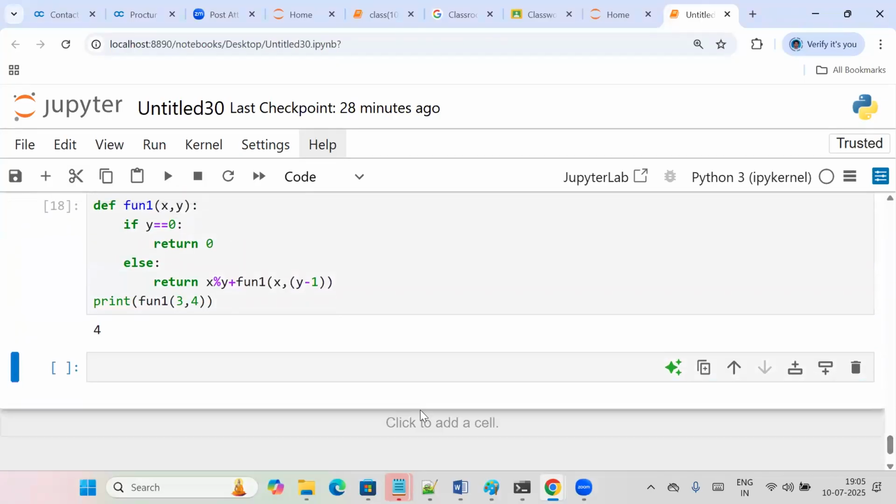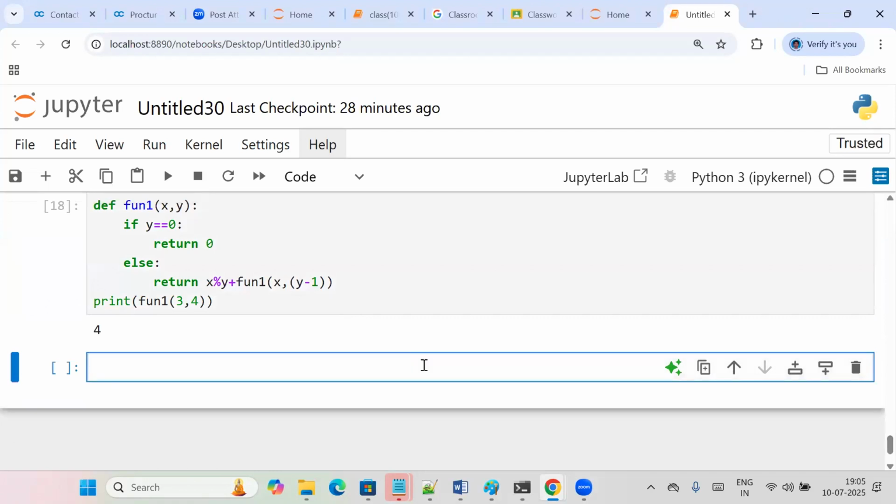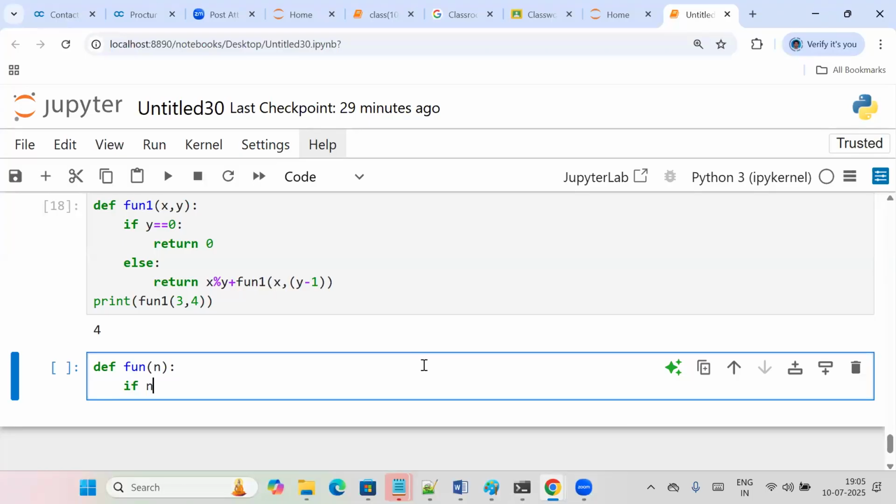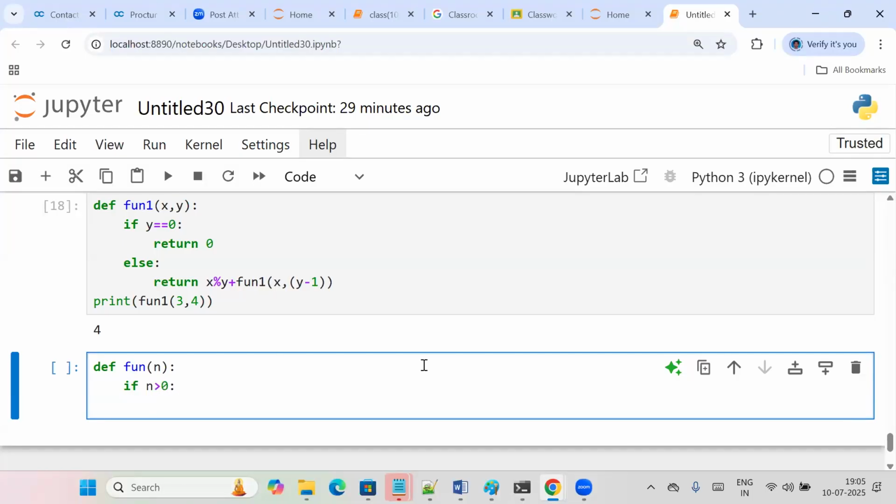Everyone got 4. 4 is the answer, guys. n greater than 0.